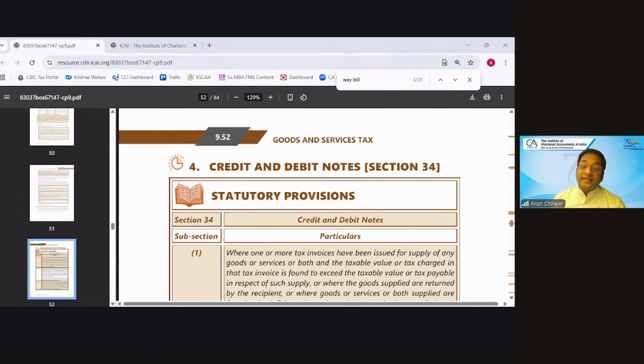There is no last date to issue the debit note, because by way of the issue of the debit note, are we paying the tax to the government, or is the supplier reducing the tax liability? Whether the supplier is paying the taxes to the government or reducing the taxes.